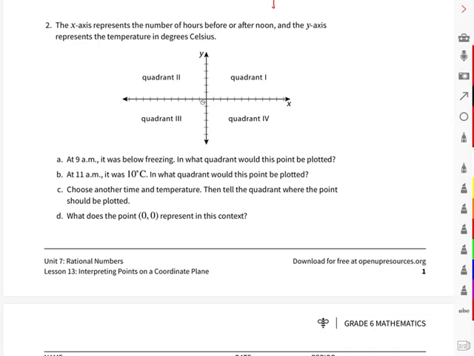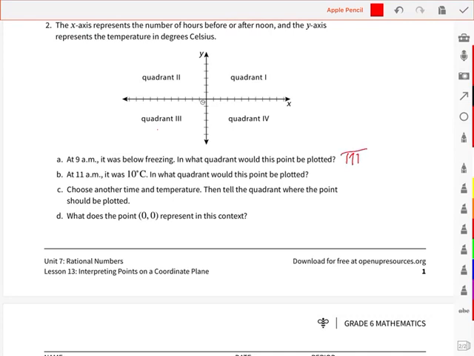This is the y. So if it's going to be freezing, and below, and 9 o'clock, it's going to be quadrant 3. So we're going to put 3.